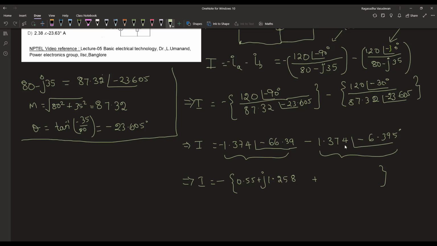We need to convert this also into rectangular form, which is 1.374 cos minus 6.395 degrees, which is 1.365, plus j minus 0.153. We can now add the real part separately and the imaginary part separately.